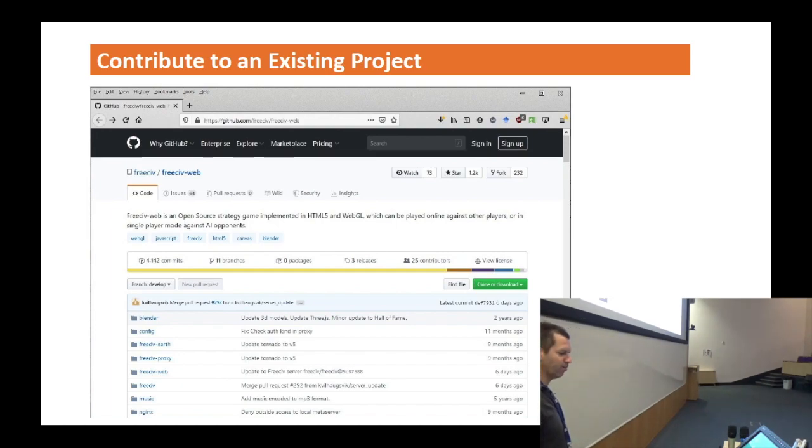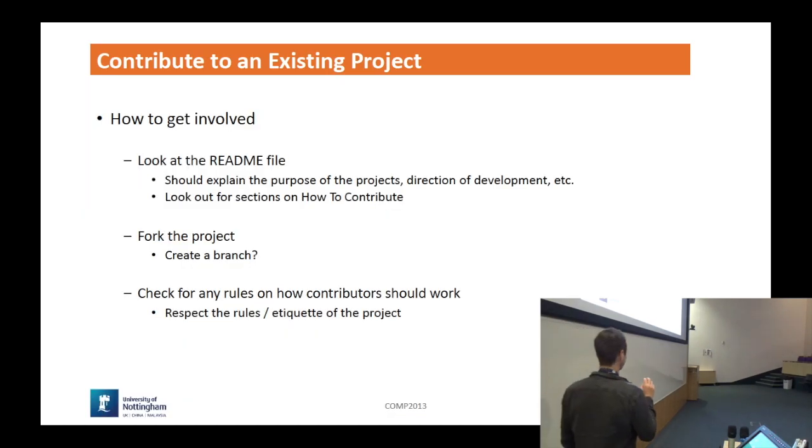Most projects have a README file as the first thing to read. And there are often sections about how to contribute, right? If you're looking at contributing to an existing project, there should be documentation of the steps that are necessary in order to contribute to the project.